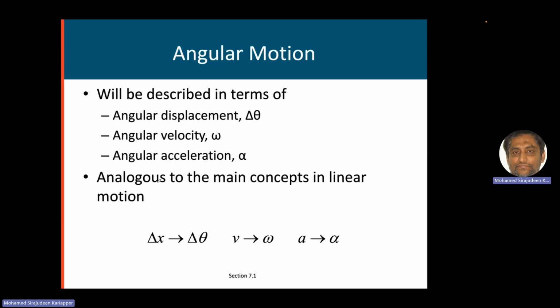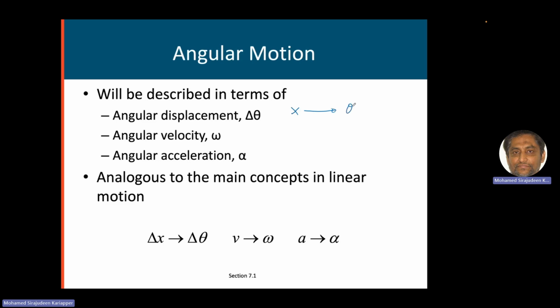Okay, right. In angular motion, it's very simple because we already know the concept. We know what velocity is, what acceleration is, and displacement, and so on. All that happens now is x, which is the position, will be replaced by angular position.